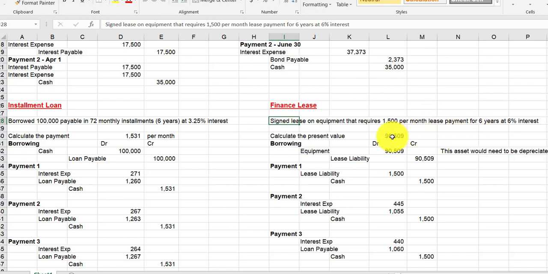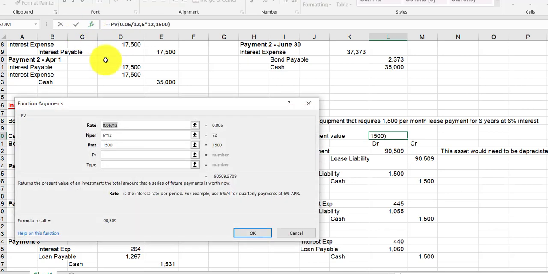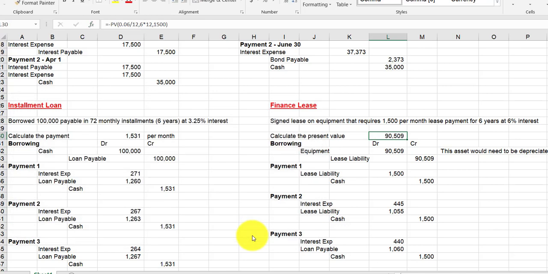All right. To record this lease and the asset, we calculate the present value, taking the interest rate we were given, the number of payments, and the payment. So the value of this lease asset and liability is $90,509.